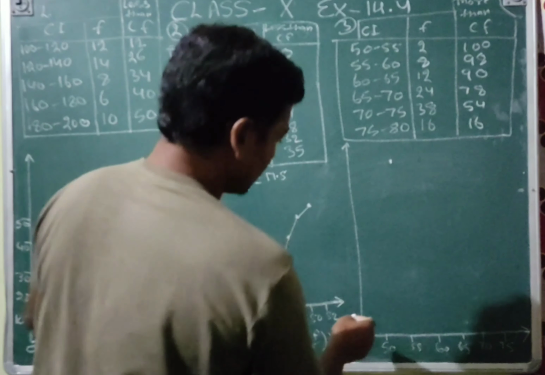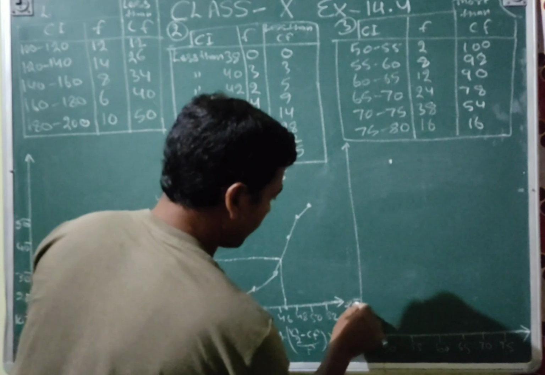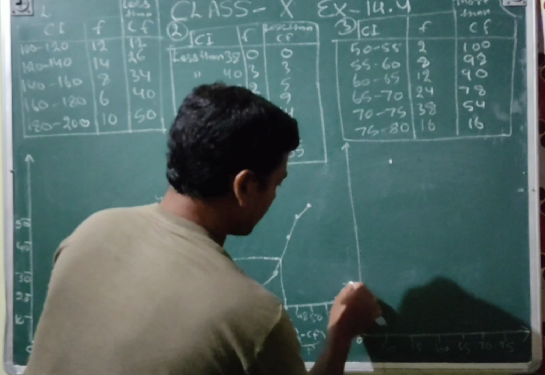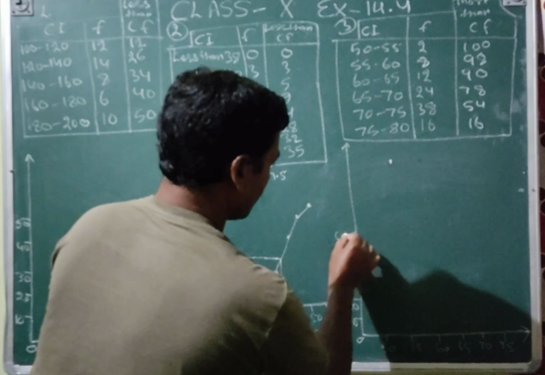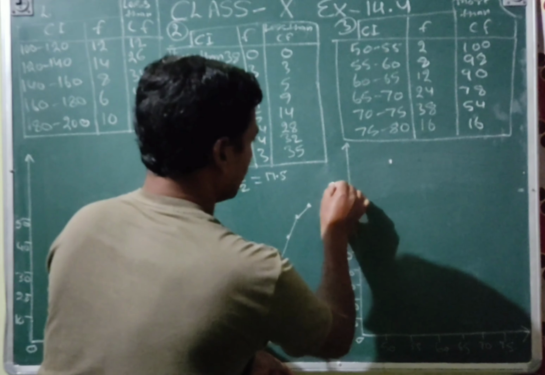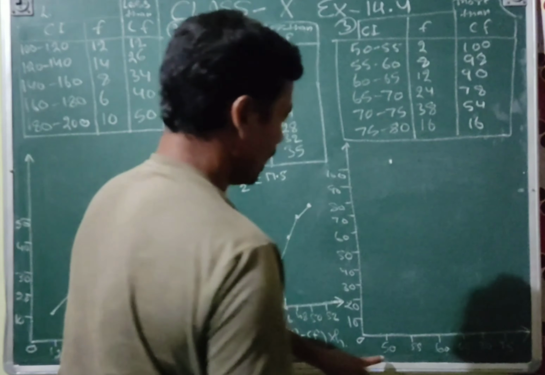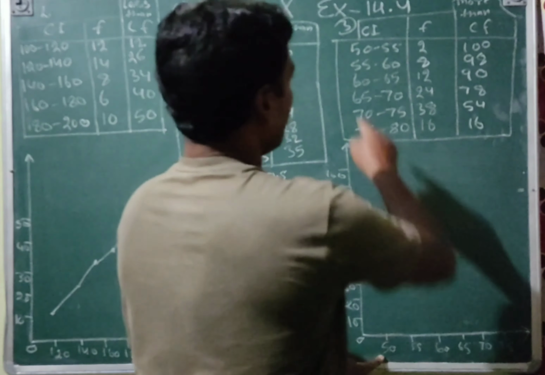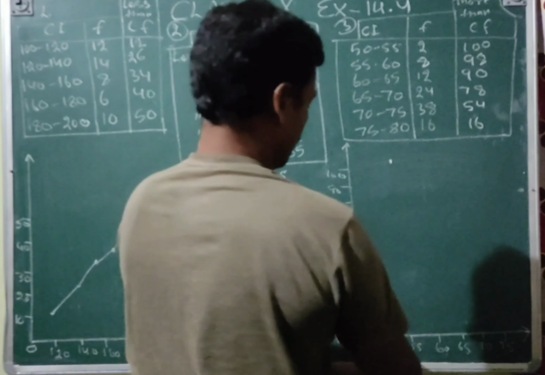So here we will write the table of 10, 20, 30, 40, 50, 60, 70, 80, 90, 100. Here I have written the lower limit. For the more than type of ogive, we write the lower limit.